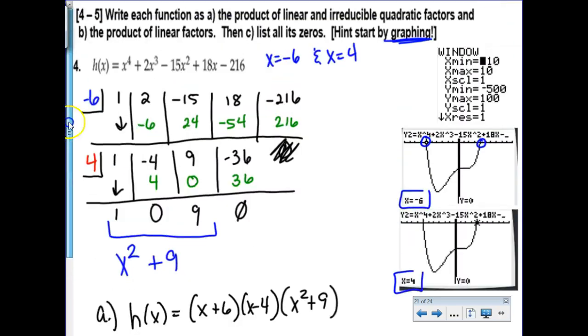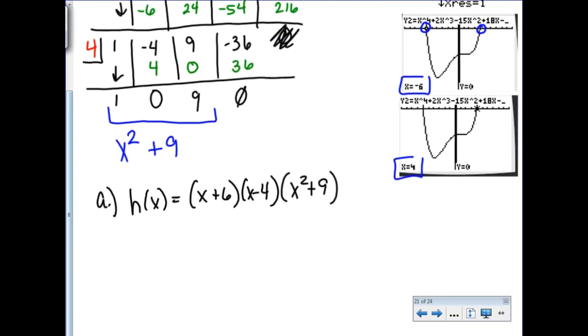But then it says, tell me all of your zeros. Or sorry, product of linear factors next. One more. You can technically answer part C before you answer part B, which might be easier for some of you. So the zeros were -6 and 4.